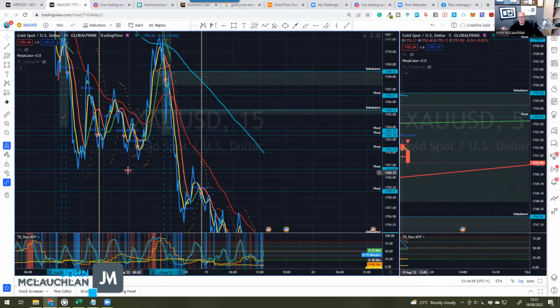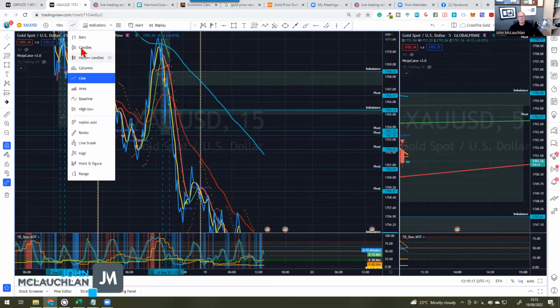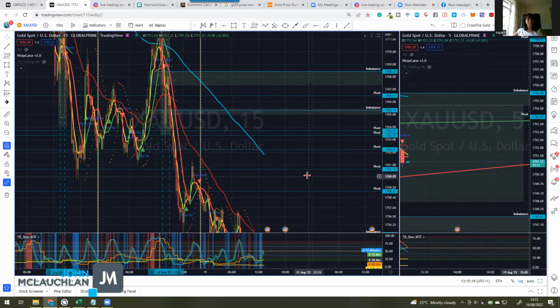The danger is you're putting lines all over the place. But what I tend to do is find out what the measurement is between the two, and if it's around 10-15 pips, then I'll go with it. Okay, so I'll come back to that a bit later because it's 13:15. Yeah, okay, thanks.